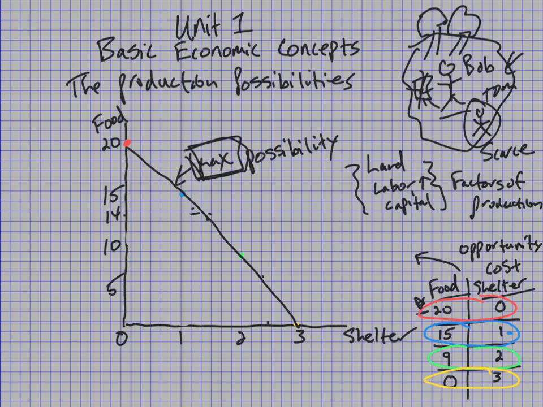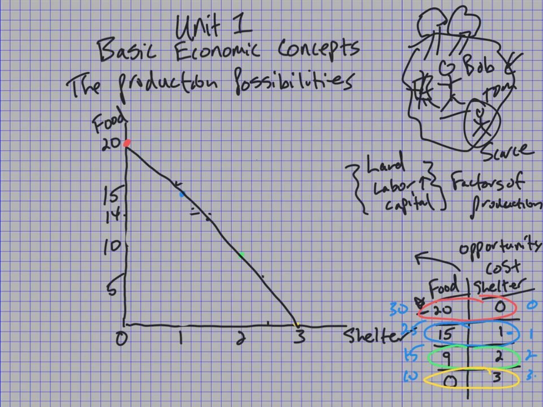So what would change is that this line, you'd have an entirely new line. It would be like if we changed all of our numbers that we had in our chart on the bottom right-hand side. So this becomes, let's say, 30 and 0. And this becomes, let's say, 25 and 1. And this becomes 15 and 2. And this becomes 10 and 3.